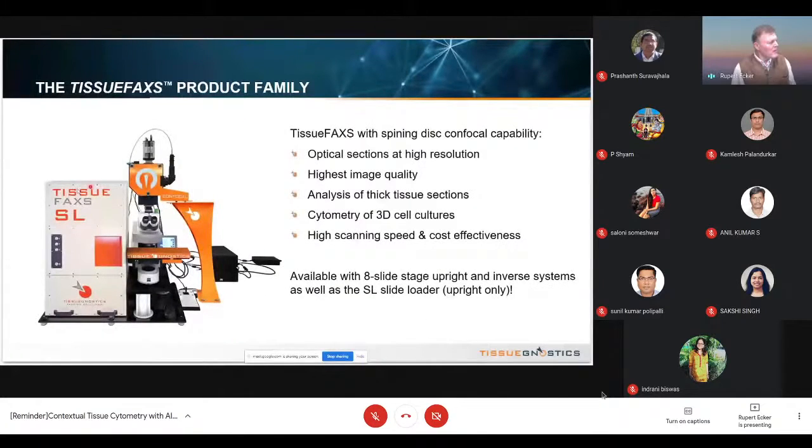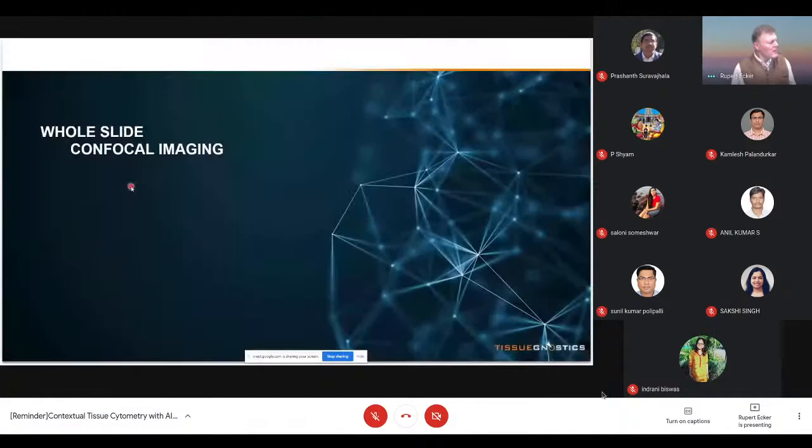For high throughput scanning, we have a slide loader that can automatically scan up to 120 slides. And each fluorescence configuration of our product line can be equipped with a spinning disc confocal to provide whole slide confocal imaging.